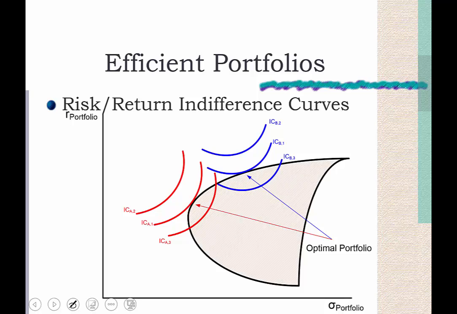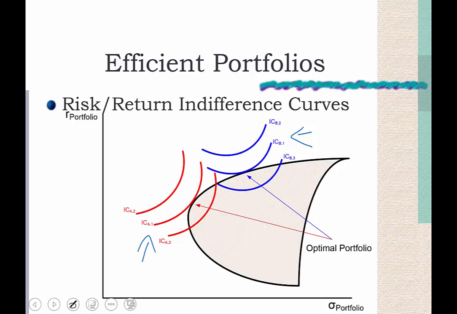So now in 3318, you'll add risk and return indifference curves to that, and you'll pick an optimal portfolio for a person with various levels of risk tolerance. So this person has a different level of risk tolerance than this person.